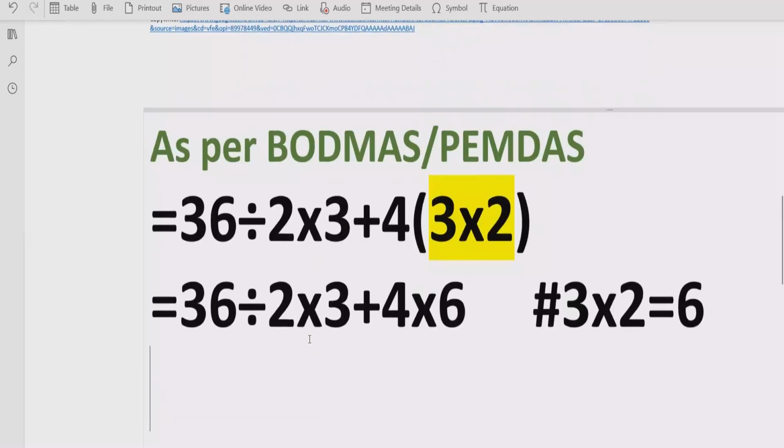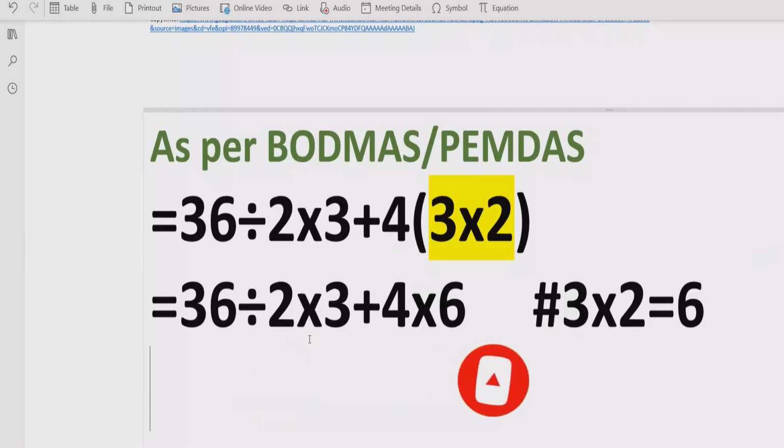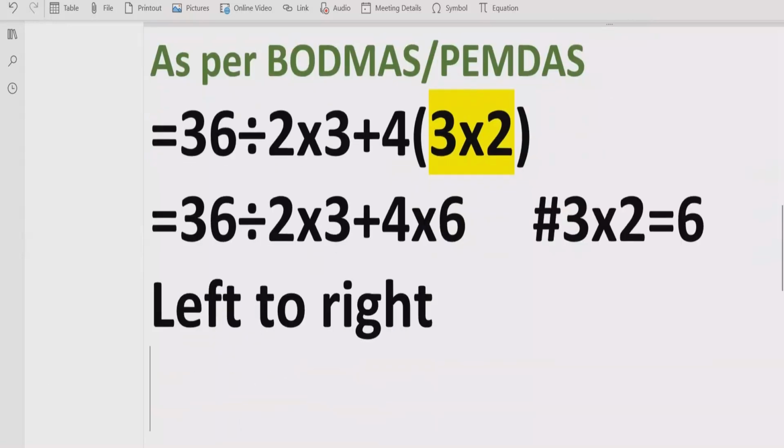Now move forward. We will go to step number 2. Step number 2 is to solve the exponent or order of any number. We do not have any number which has a power, so we go to step number 3, which is division and multiplication. We go left to right in our expression and find out which comes first.